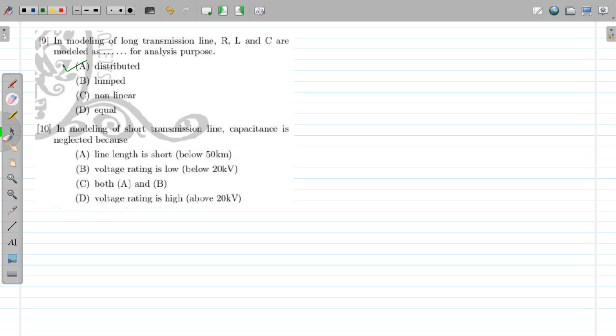In case of short transmission line, the capacitance is neglected. Why is the capacitance neglected? Because the length of the transmission line is less. As the length is less, the capacitance value is less, so your XC value will be greater. In the short transmission line the voltage level is also less, and the charging current is equal to V upon XC.